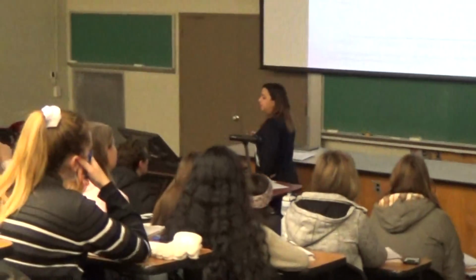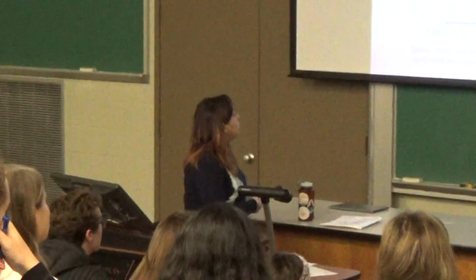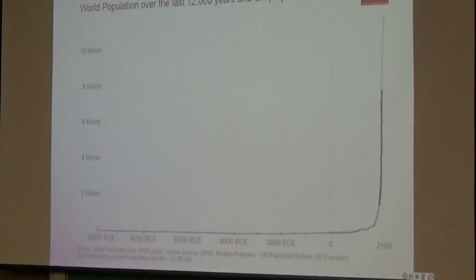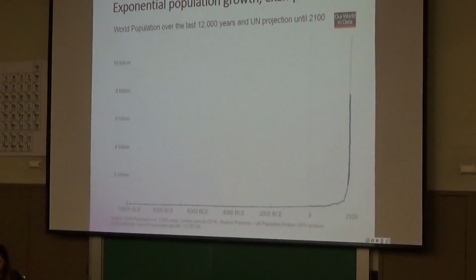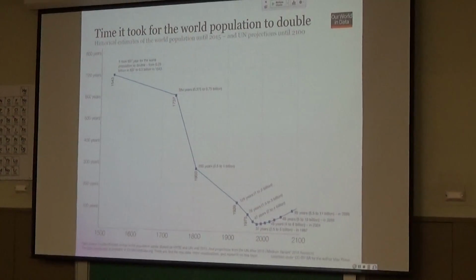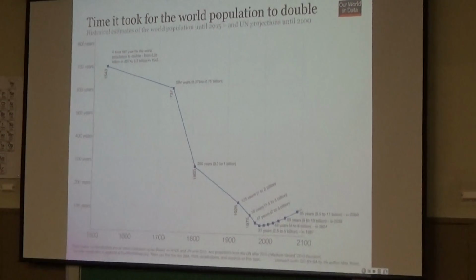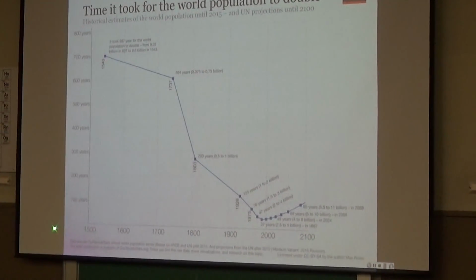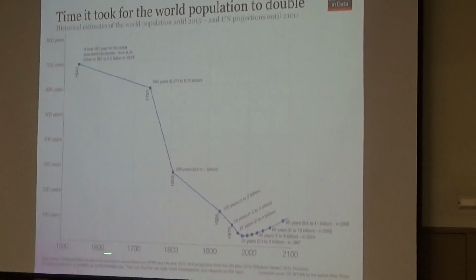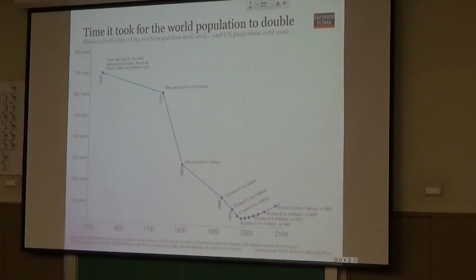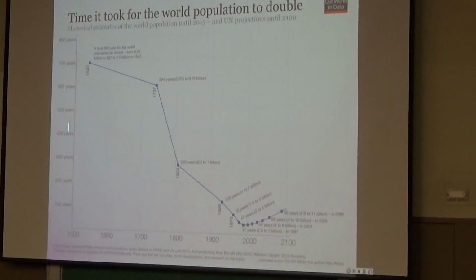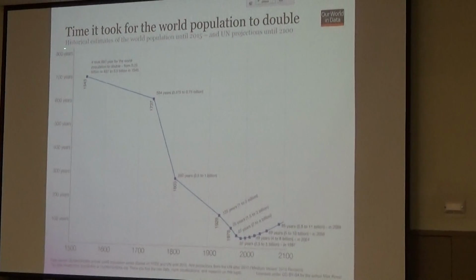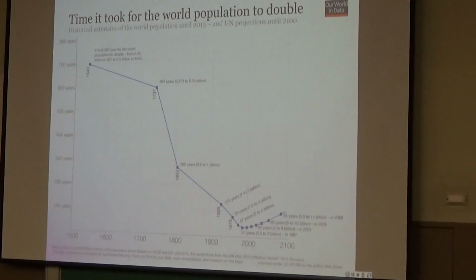Notice that here we are looking at number of individuals over time. Now I'm going to show you a different way of expressing population growth. In this case, you see time again on the x-axis, but on the y-axis, what you see is the time it takes for the population to double.